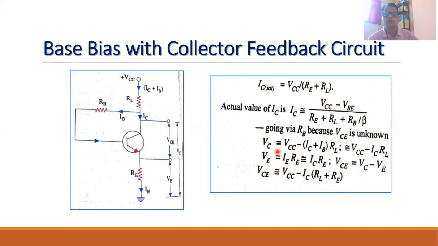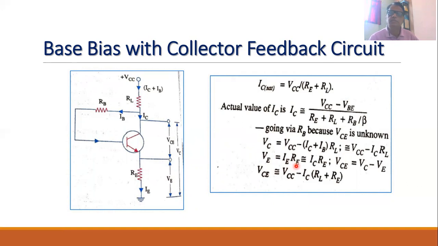Similarly, it is possible for us to compute the collector to ground voltage VC and the emitter to ground voltage VE. So VC will be VCC minus IC plus IB into RL, or if you neglect IB because IB is very small in comparison with IC, the same expression can be written as VCC minus IC into RL. And VE, the emitter to ground voltage, is nothing but the voltage across this resistance, and this voltage is IE into RE.